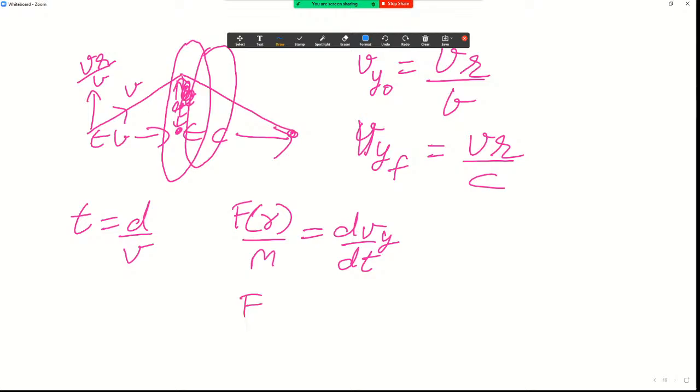So we have Fr, assuming it to be constant, times T, that is d by V, equals change in Vy. So V is constant, R is also constant. So 1 by C minus 1 by B.